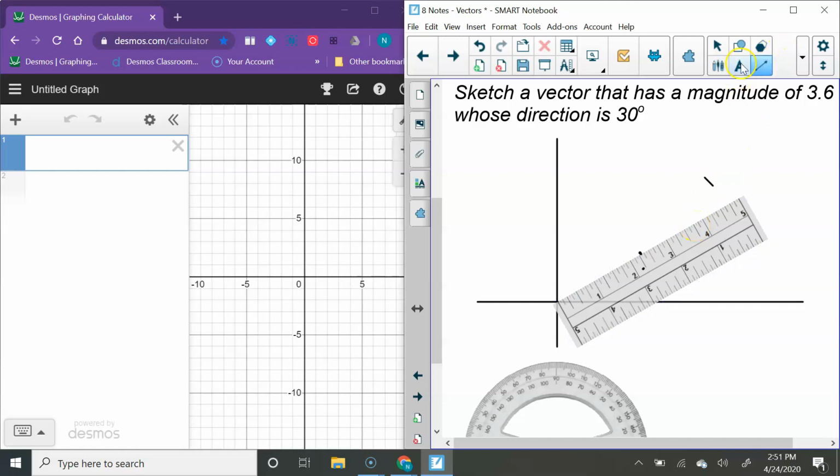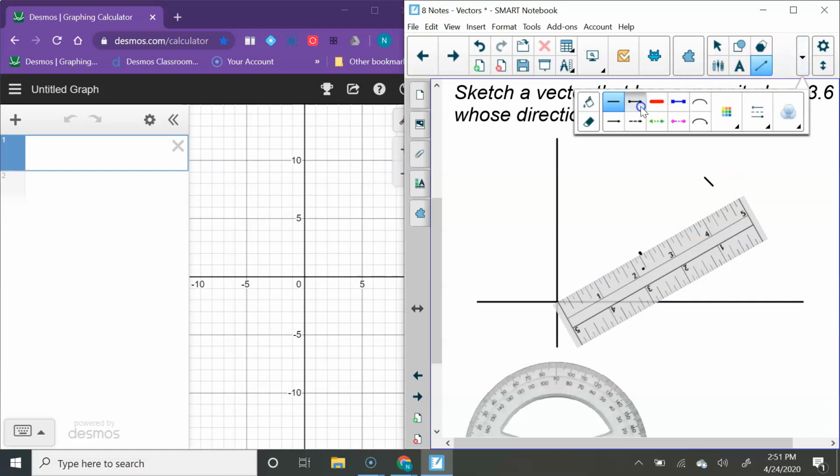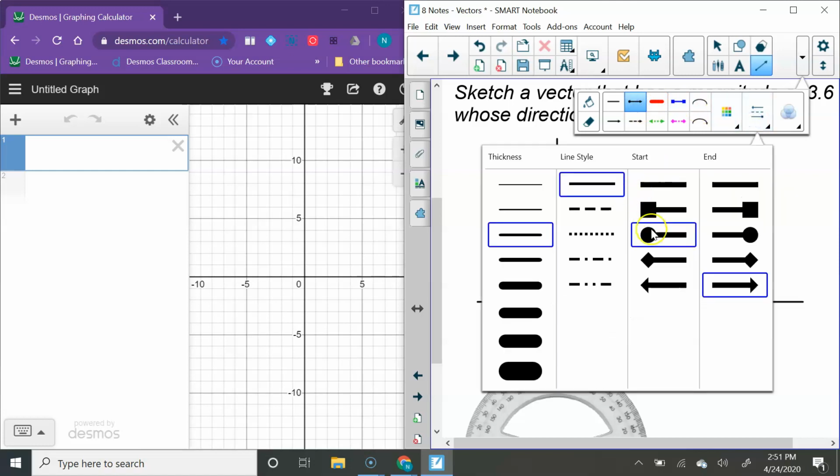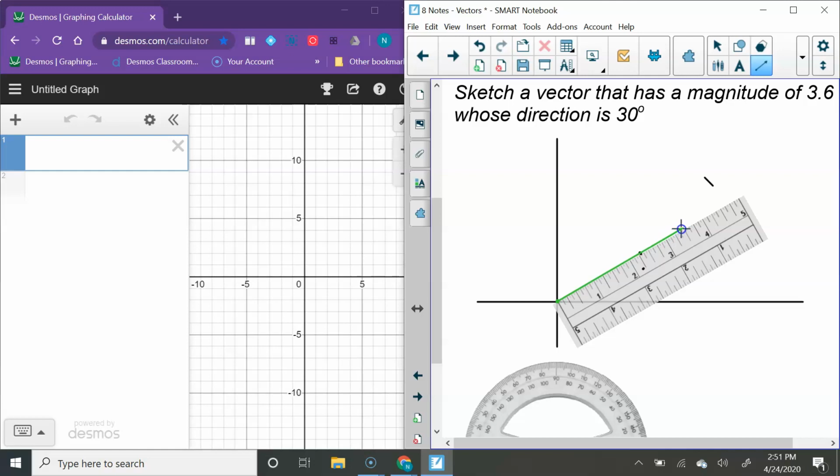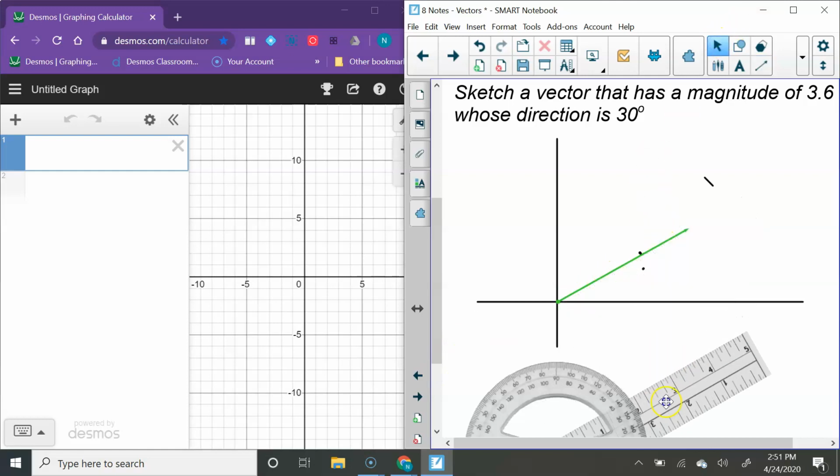So I'm going to do this right here, and let's make it green. So my vector here, I just go out here to 3.6. I'm just going to sort of eyeball it here. And so this would be my vector.